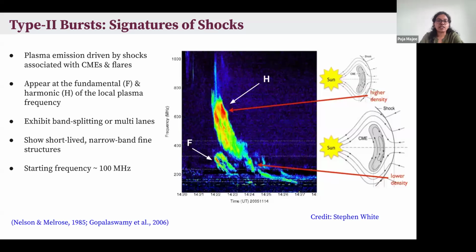So let's start with an introduction to type 2 solar radio bursts. What are these? These are signatures of shocks. Whenever there is an eruption, let's say a CME or flare, it drives a shock into the coronal plasma, and this shock accelerates non-thermal electrons in the ambient medium.